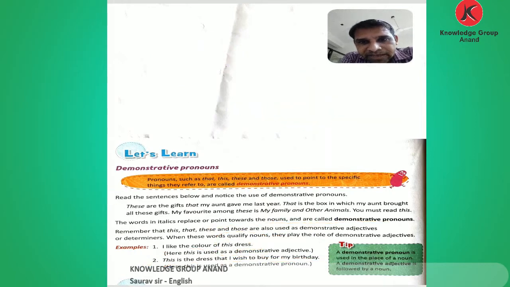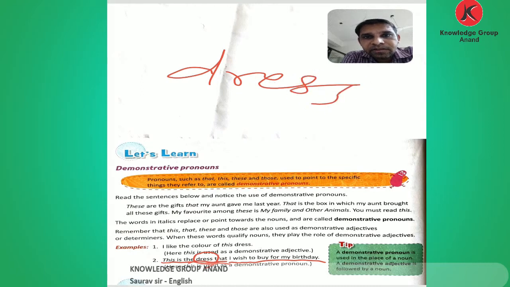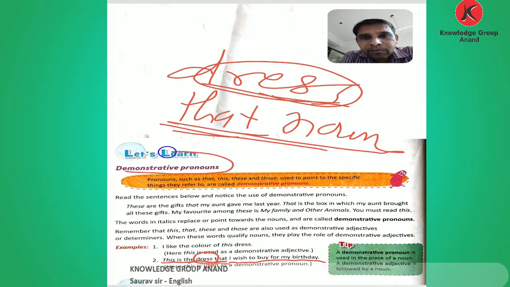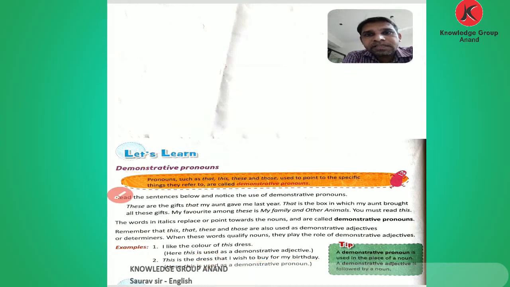Now come to the second example: this is the dress that I wish to buy for my birthday. That is used instead of this dress, so that is a demonstrative pronoun.